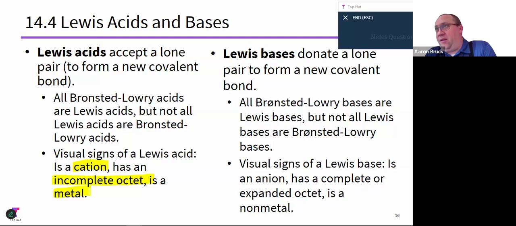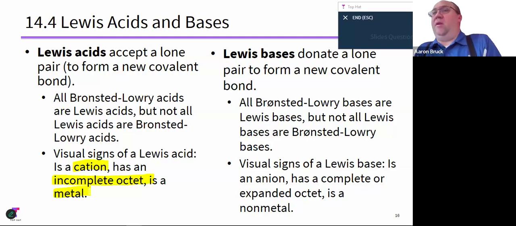If I have a cation, so if I have a positive charge, that's a usual sign that I'm electron deficient, which means I'm willing to take in that extra pair of electrons to supplement the electrons that are already in my octet.